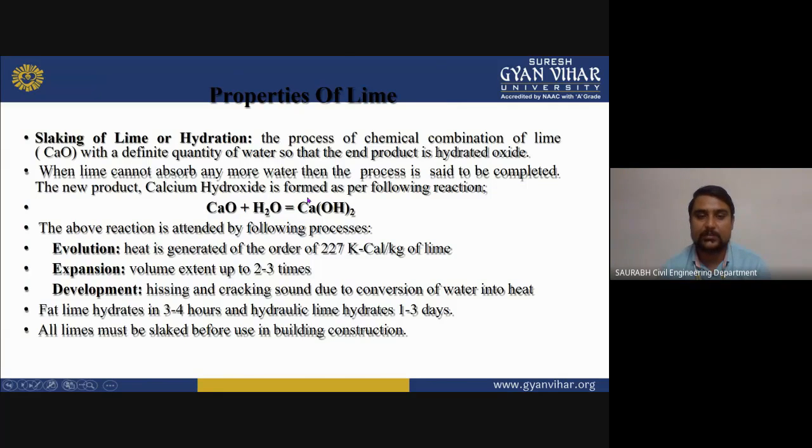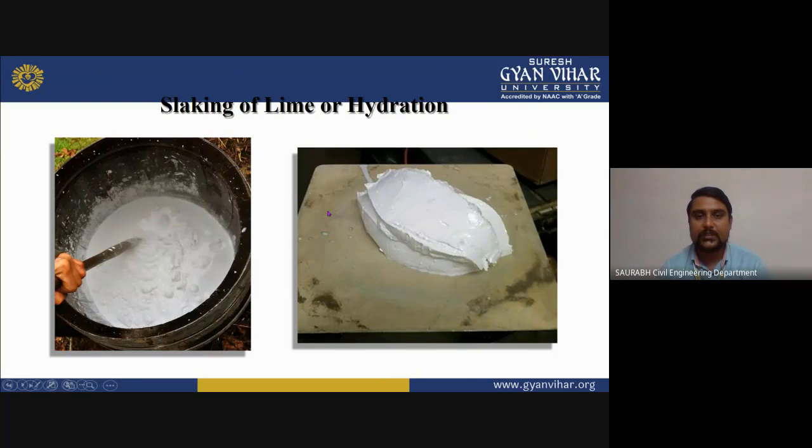As you can see, this is your reaction, and it is obtained by the evolution, expansion, and development of heat in this lime. And this is your image of slaking of lime or hydration. As you can see here, when we add water to the lime, we will get this type of paste, and this paste we can use in binding work.